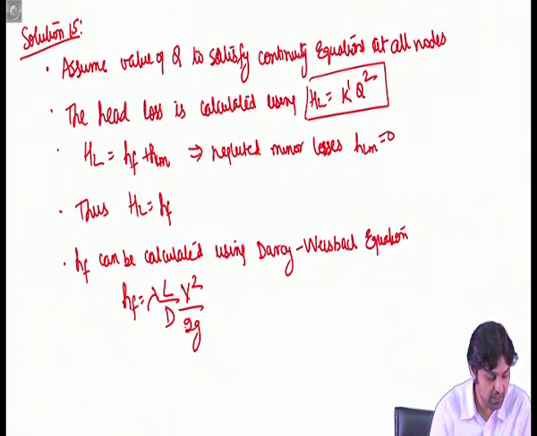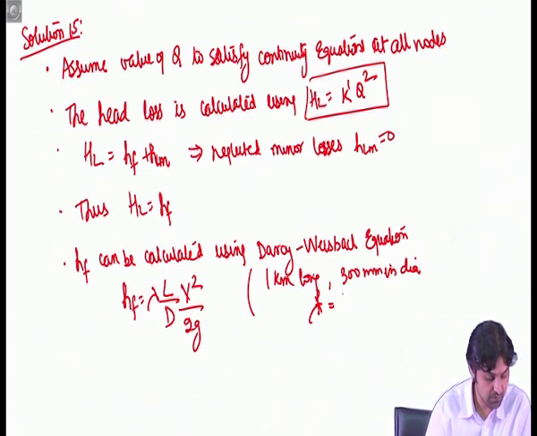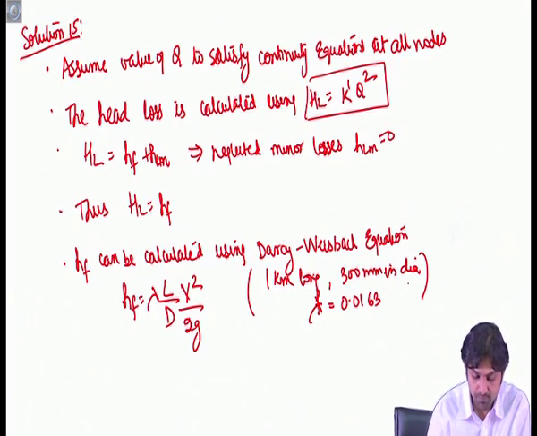In the question, we have been given that pipes are 1 kilometer long, 300 millimeter in diameter, and lambda or friction factor is 0.0163, all right, lambda or F, whatever you want to call it. This we have already seen.